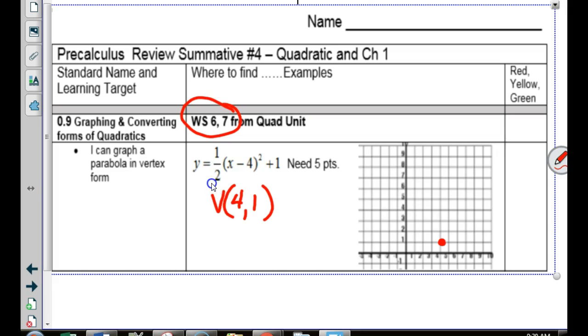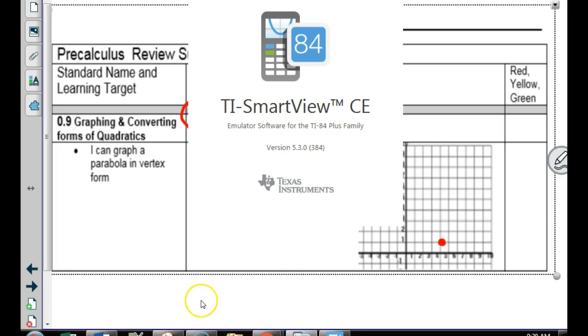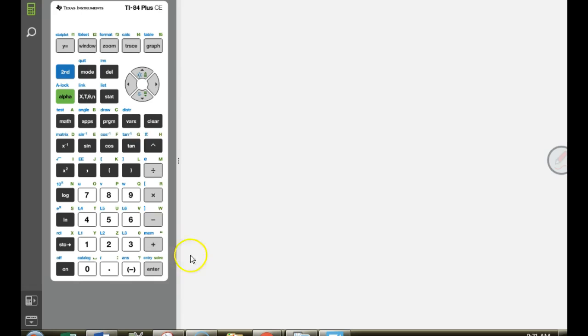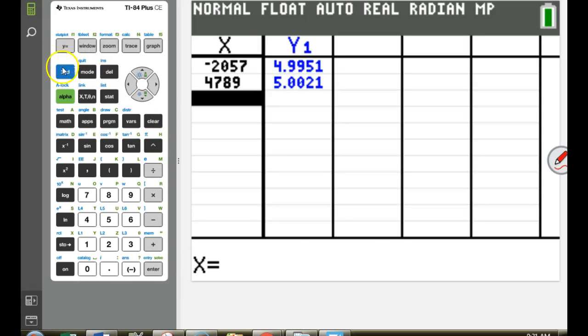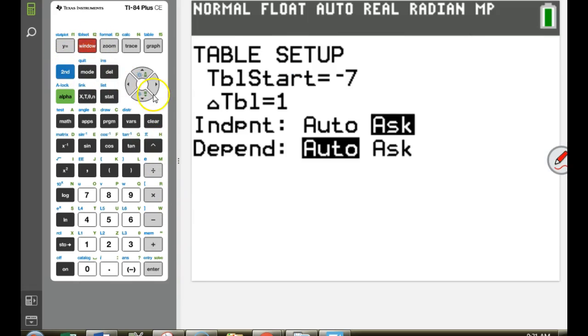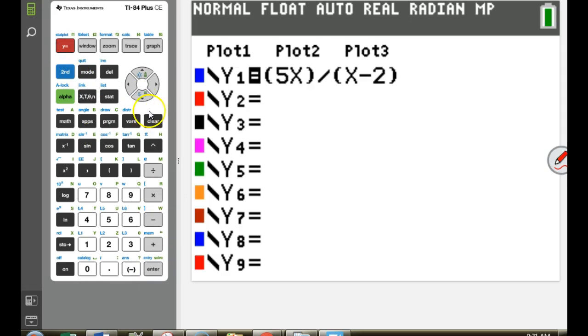You might want to turn your calculator back onto auto. Do you remember how to do that? Anybody tell us where that is? Yes, second window to the table set. And turn it back onto auto so that when you put in an equation, this one is 1/2 x, was it -4, guys, squared plus 1?